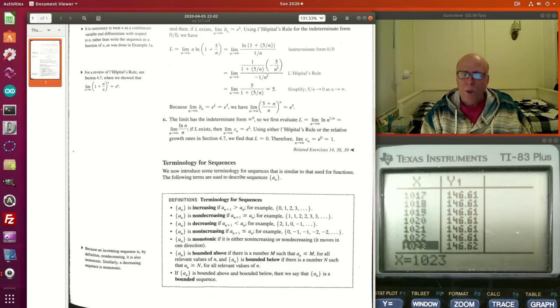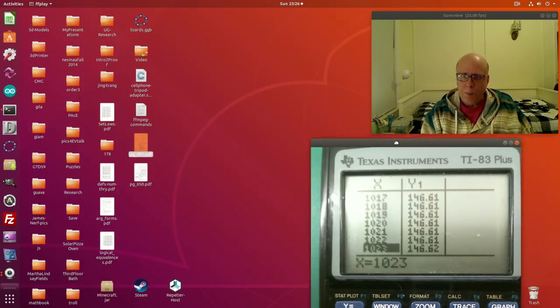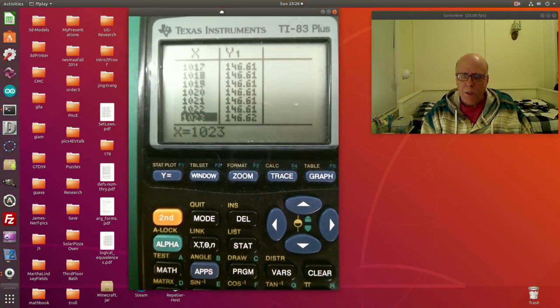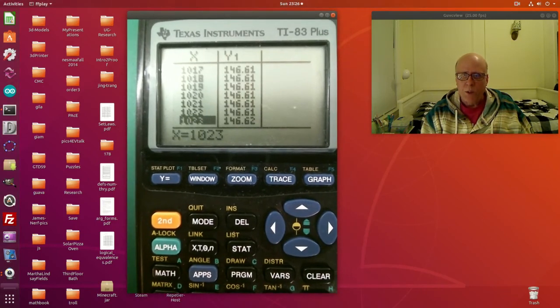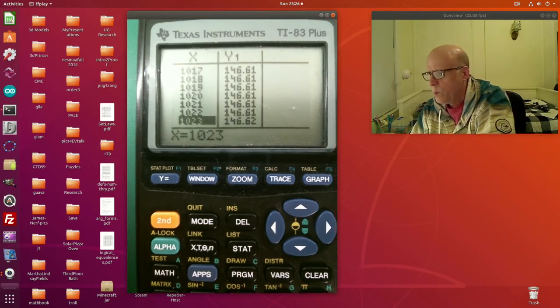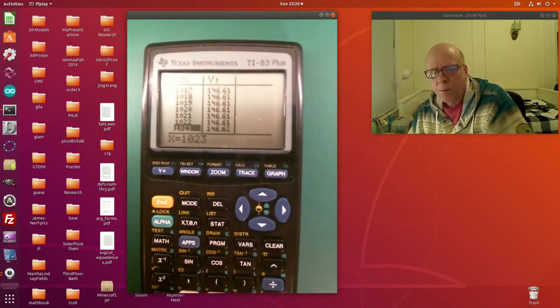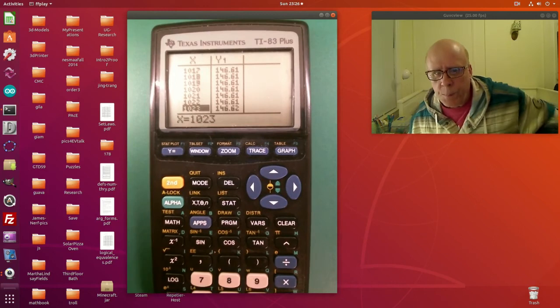There is a really nice theorem that we'll end with today that is called the squeeze theorem. And I think the best way to show you this is to do it on a graph. I do want to come back out and get a wider view of the calculator.